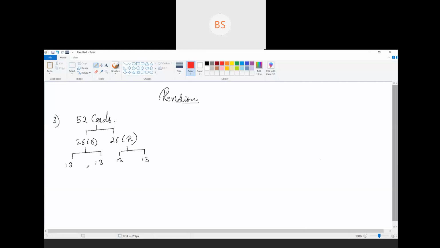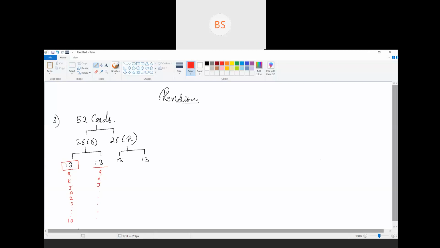In each set of 13 cards, we have queen, king, jack, ace, and numbers from 2, 3, and so on till 10. In the other set also you'll have queen, king, jack, and the same numbers. So this you should always remember.